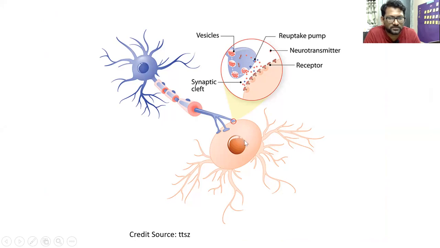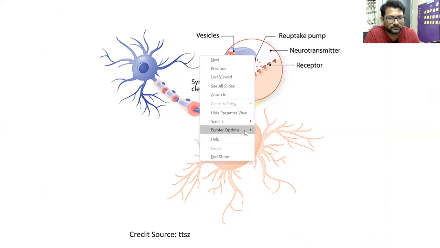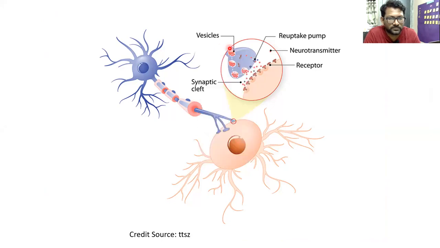This is presynaptic and this is postsynaptic. These vesicles containing neurotransmitters would be released into this. Here you can see mitochondria also, because this is an energy requiring process. These synaptic vesicles containing neurotransmitters would be released into the synaptic cleft.